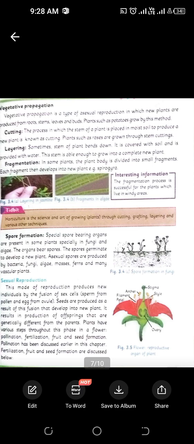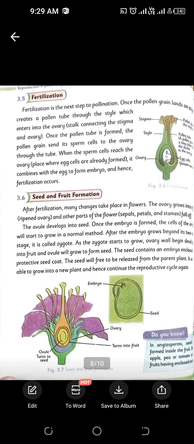Then we have sexual reproduction. Sexual reproduction involves the fertilization between the male and the female gametes, and it requires seed for the formation of new plants. And due to sexual reproduction, we get fruits and seeds as a result of fertilization.